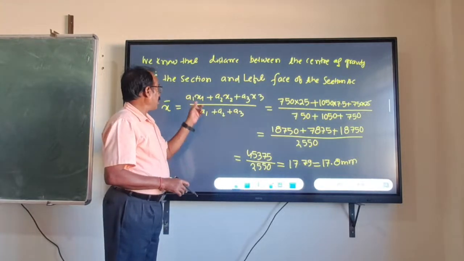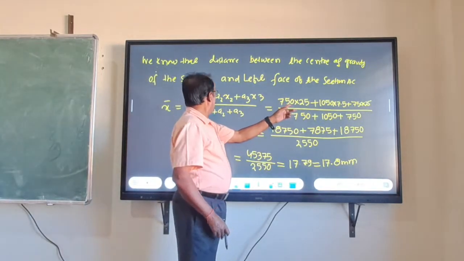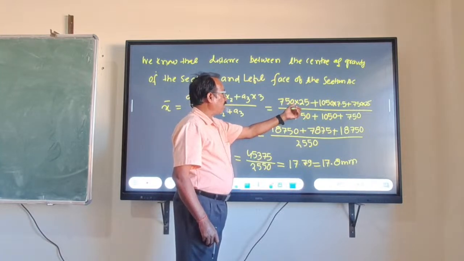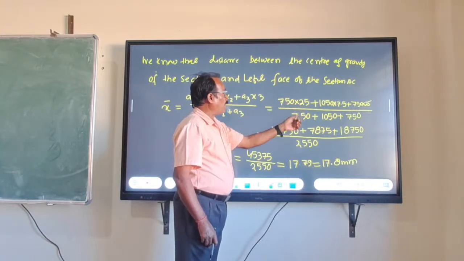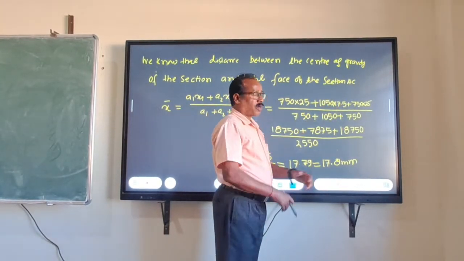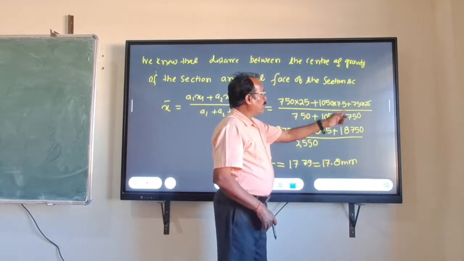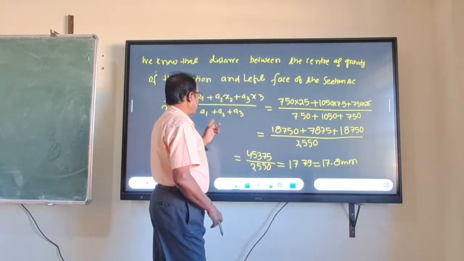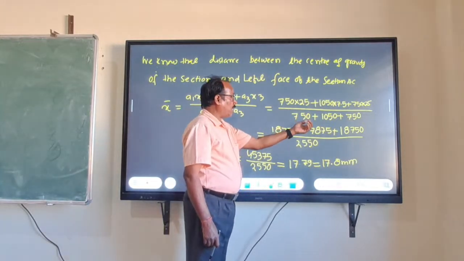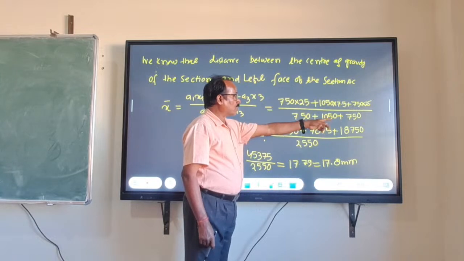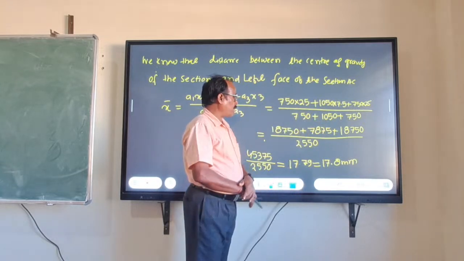A1 is equal to 750, x1 is equal to 25, therefore 750 into 25 plus 1050 into 7.5 plus 750 into 25 divided by A1 is equal to 750 plus A2 is equal to 1050 plus A3 is equal to 750.